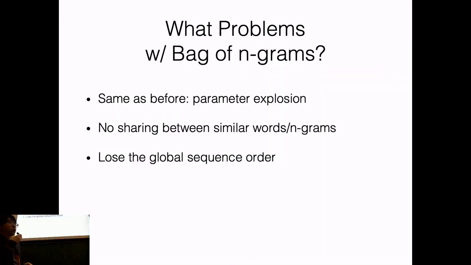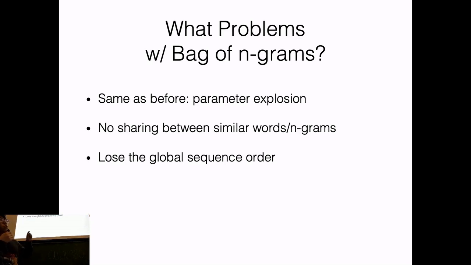So let's see the advantages and disadvantages of the bag of n-grams. Here I just highlight 3 points. The first is it suffers from the parameter explosion problem, and the second, no sharing between similar n-grams.